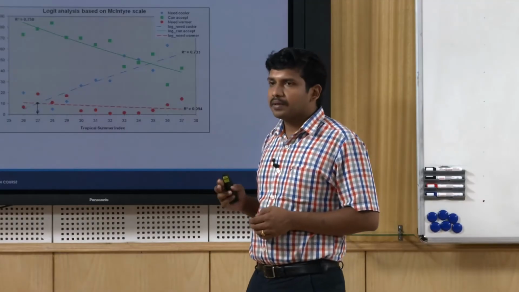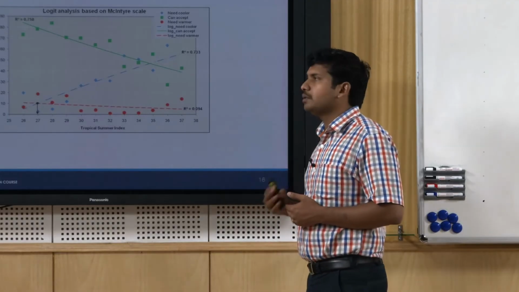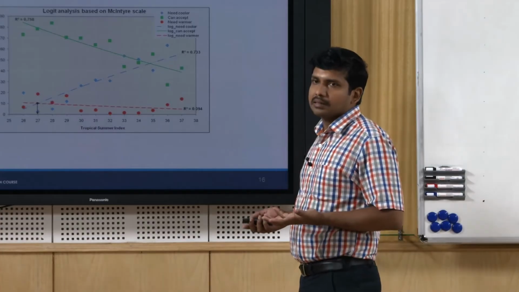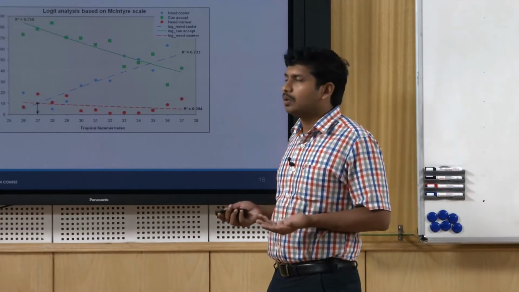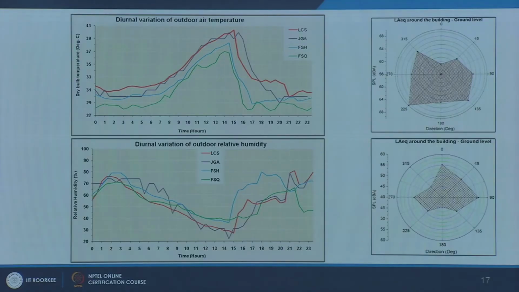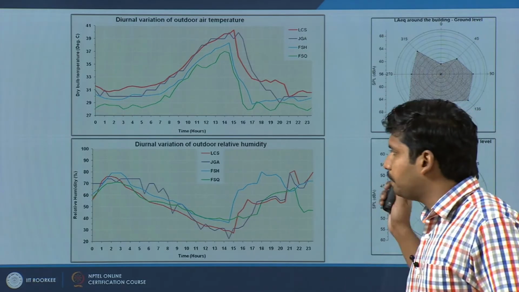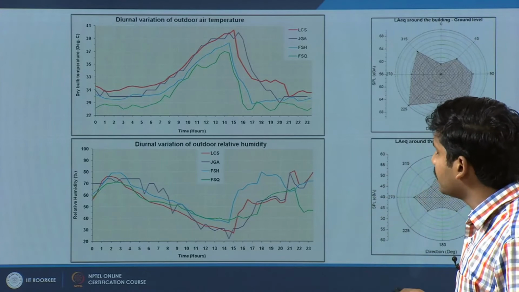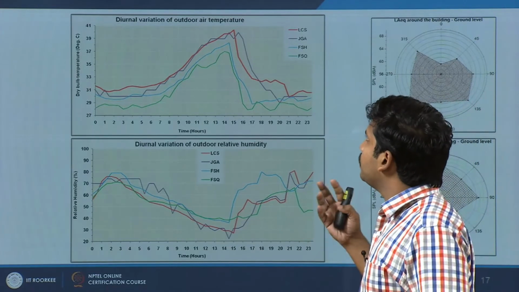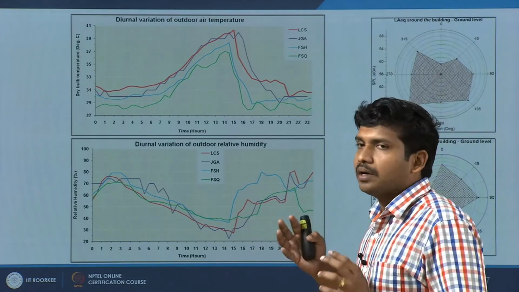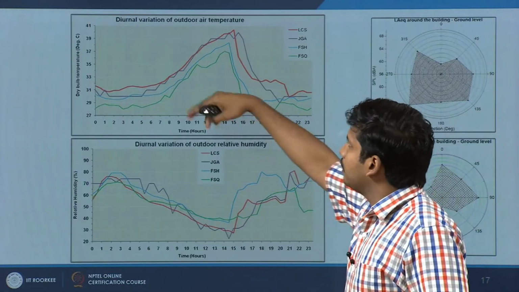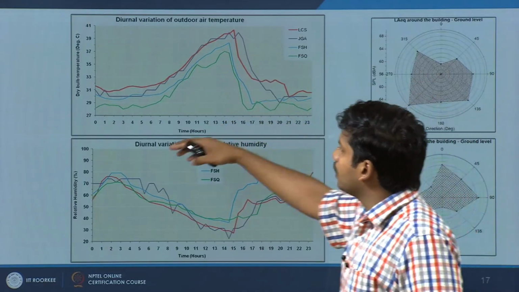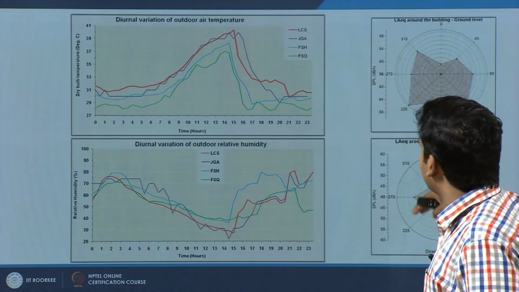This 2 degree difference will probably induce people to adapt for more air conditioning systems or getting into more cooler environments. There are also other parameters like microclimate, not getting much into the details of it, you have publications based on this you can refer to, but just to give you a simple example, taking two different housing colonies, this is like microclimate recording of that particular thing: temperature, humidity and the ambient noise level.